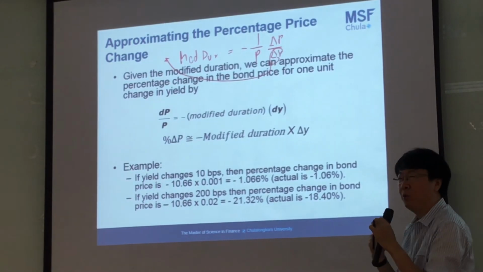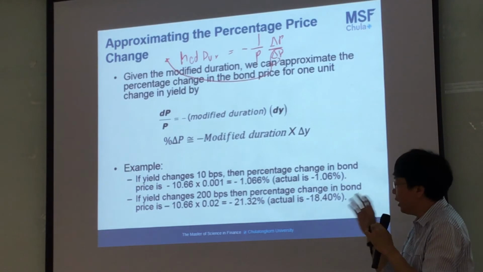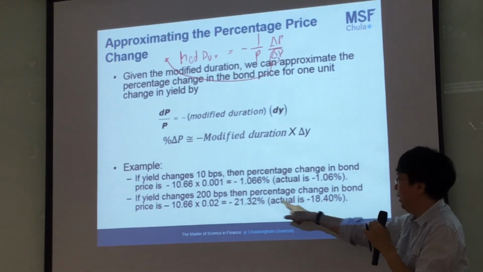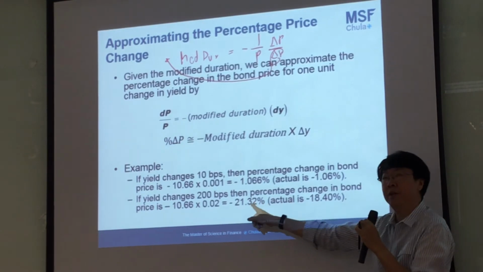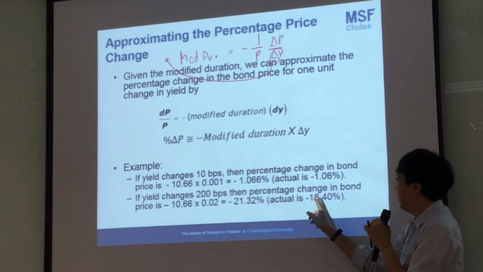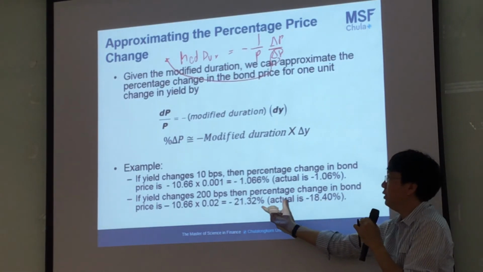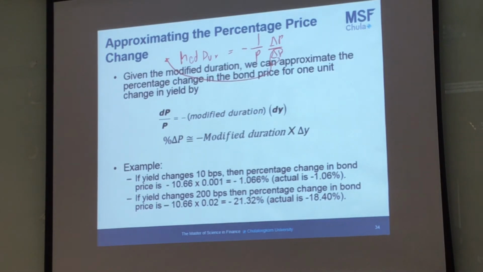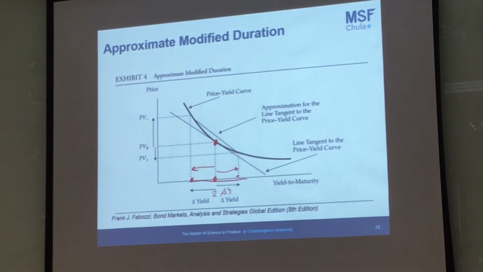However, if you use a full valuation to get the actual change, it will be 18%, different. This is the approximate, this is the actual one. You can see that it is quite different. The reason is, when you use the duration, look at this graph again.